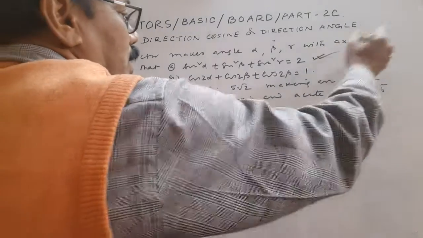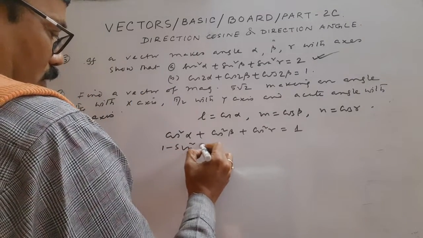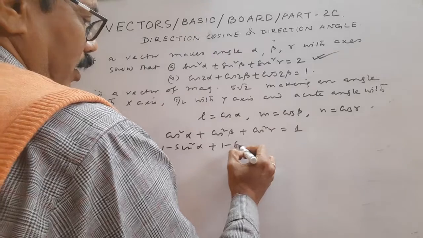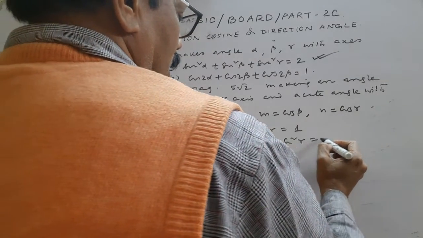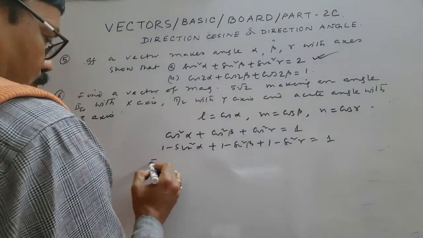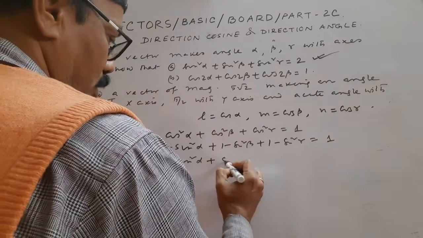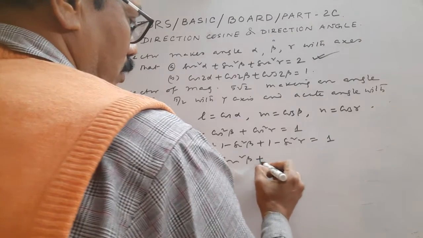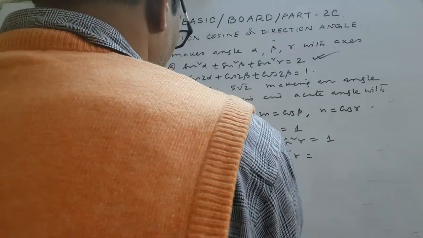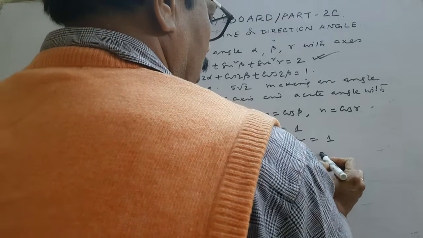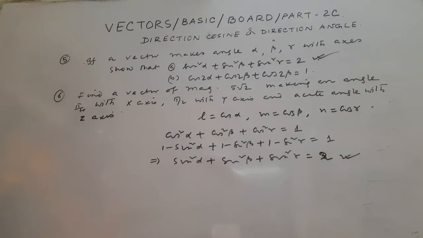Now try to express it in terms of sine: 1 minus sin square alpha, 1 minus sin square beta, 1 minus sin square gamma equals 1. Transferring to the right-hand side, sin square alpha plus sin square beta plus sin square gamma equals 3 minus 1, which is 2. So this is the first one.